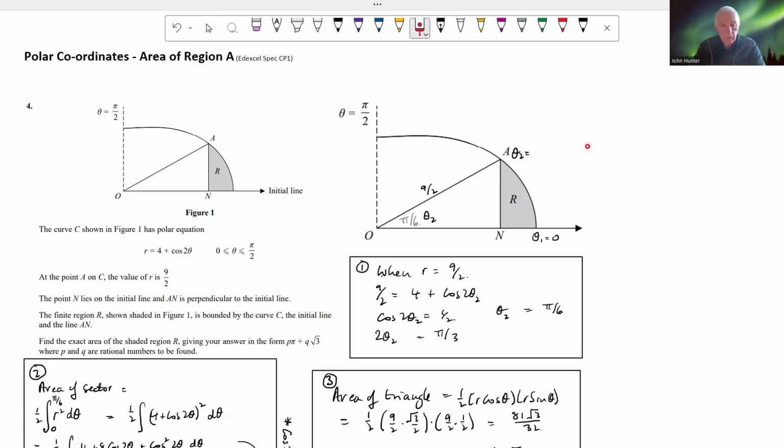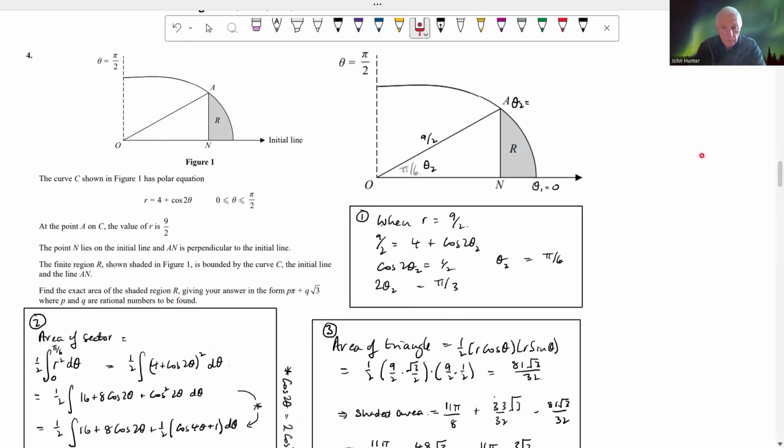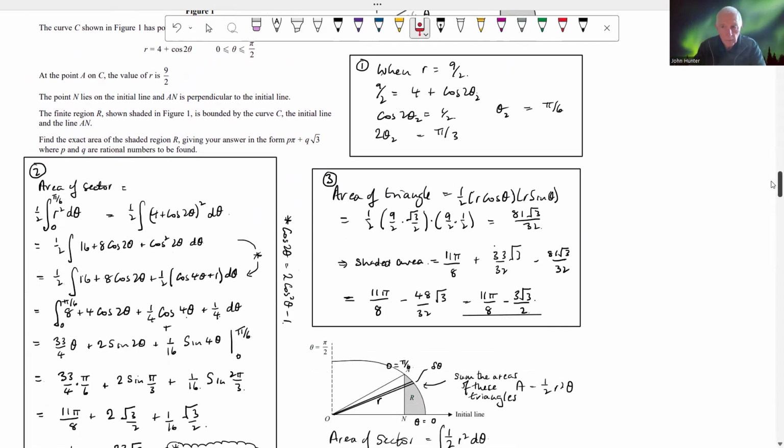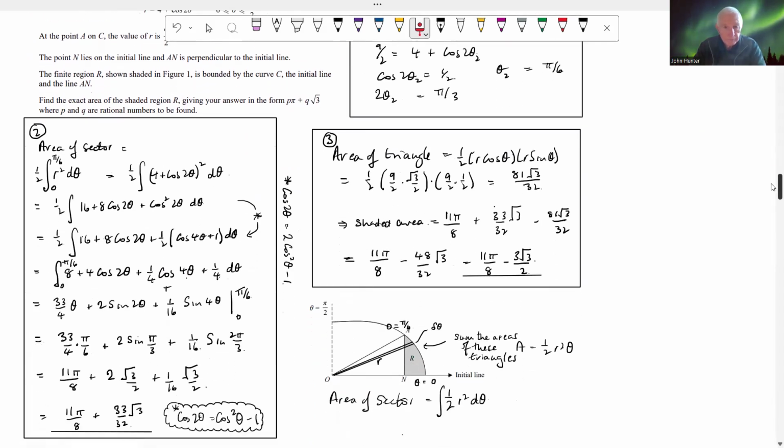Right, so let's find the area of the sector first. Well, this is the formula we're using here. We're integrating r squared with respect to theta between 0 and pi by 6, and taking half of it.